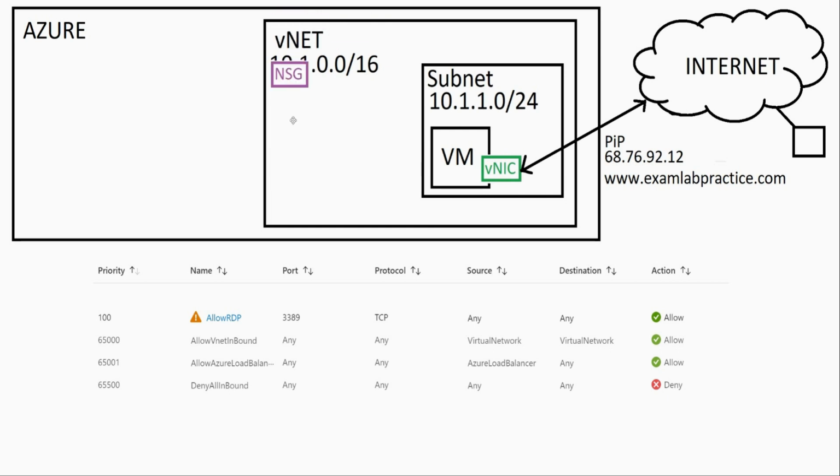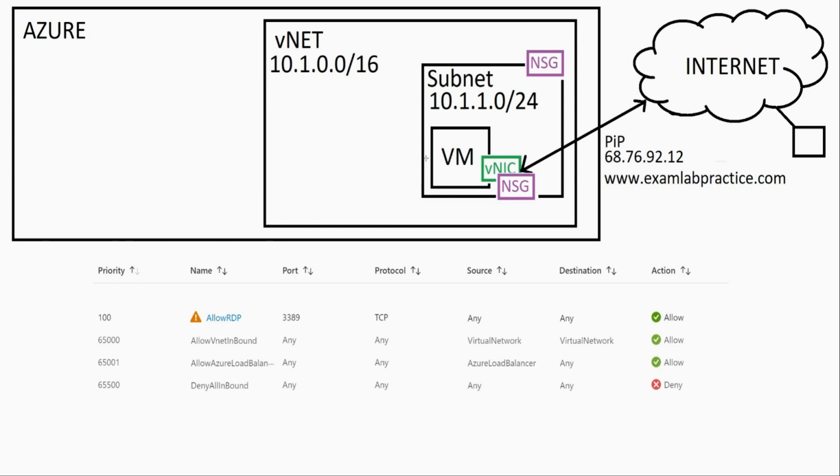I can't put it on the whole entire VNet, but I can put it on individual subnets, in which case it will be able to police anything that flows in or out of that subnet. Okay. Another option would be to place it directly on a VNIC. Okay. And at that point I could have rules that are affecting traffic flowing in and out of that VNIC.